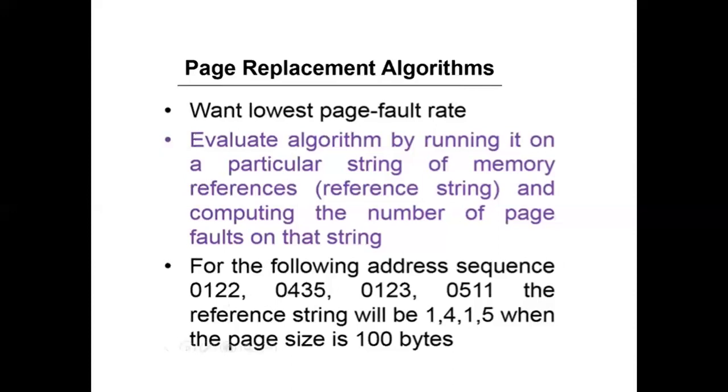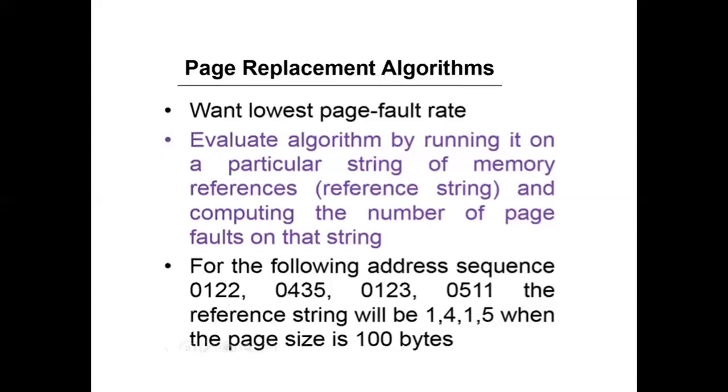To understand, let's say for the following addresses: 122, 435, 123, 511, and so on. To understand if these are made a victim, if these are the pages I'm looking for, let's reduce the complexity by giving a reference string. What is a reference string? Now let's say 0 to 99 is page 1.